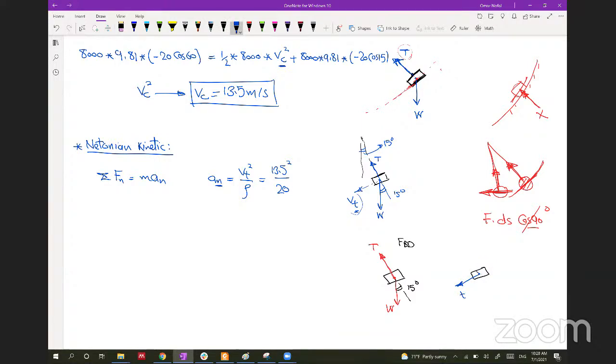So here's the tangent direction and the normal to the center of the curvature. And we assume that this is the direction of MAN, and this is the direction of MA tangent.